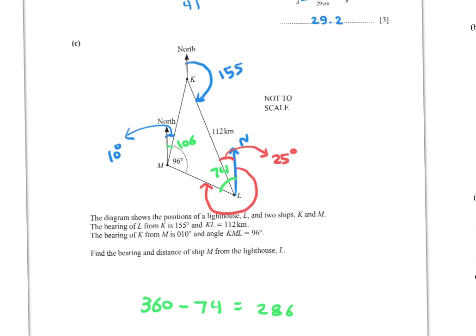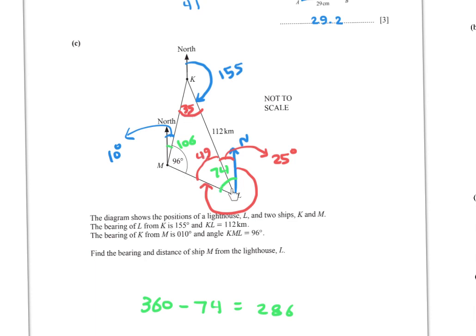If this angle is 25, and we know that the whole angle is 74, then 74 minus 25, the angle inside the triangle, that one, is 49. Now inside the triangle MKL, we have this 96 and this 49, so we can find the third angle. 180 minus 145 equals 35. Now in this triangle we have all angles: 49, 96, 35.